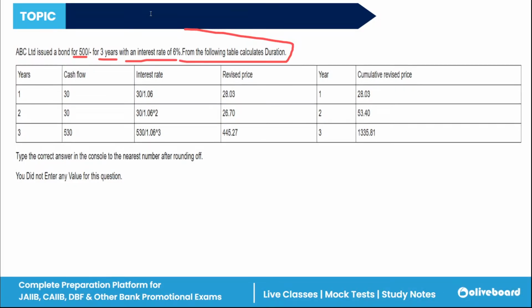See how to calculate this question. Simply here we know that with the help of duration we measure the sensitivity of any bond price.